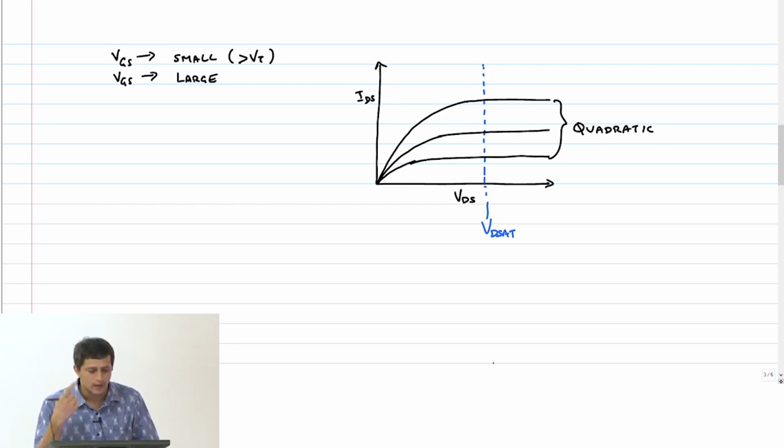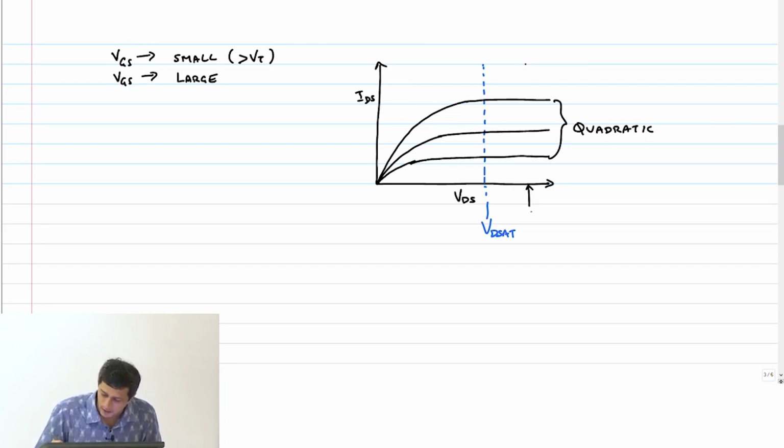Now if I apply a very large VGS, then the point at which it saturates is going to be where this will be. This is for a large VGS. This is VGS minus VT, and assume this is large.